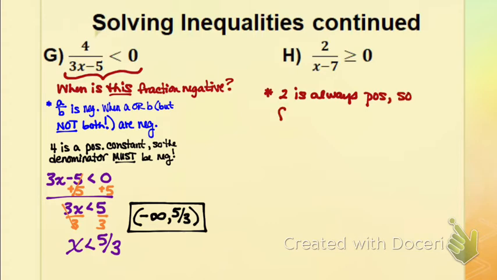So for the fraction to be greater than or equal to 0, the denominator must also be positive.